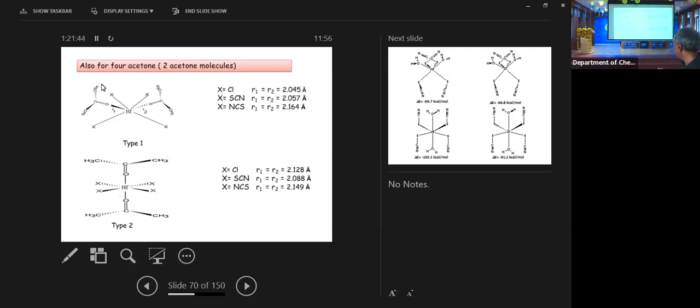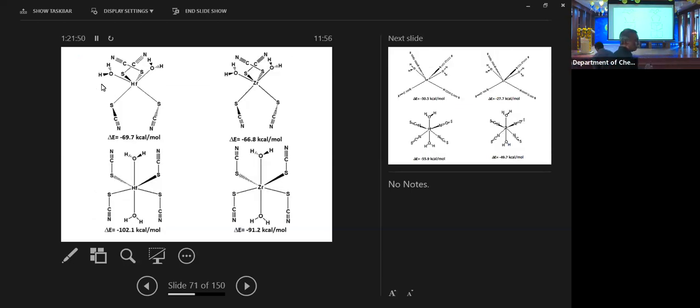So what I did was, I put this SCN, NCS, and did this calculation and got the energies of hafnium and zirconium with thiocyanate and water molecules. What I want you to observe here, even if you do not understand the rest, is that with the thiocyanate, the hafnium binding is 102 kilocalories per mole and zirconium is 91.